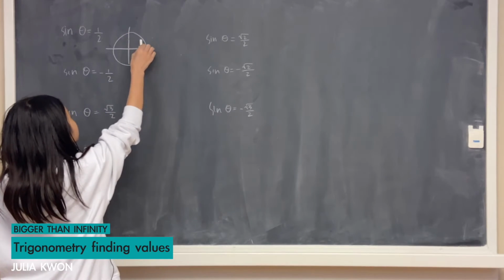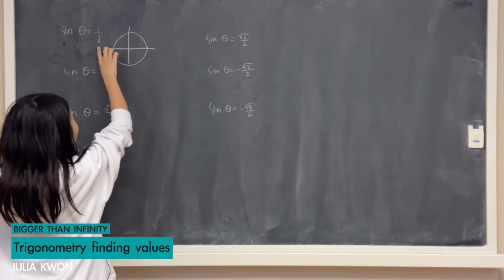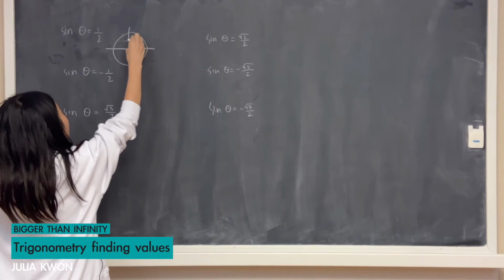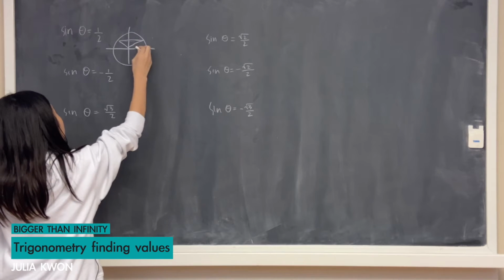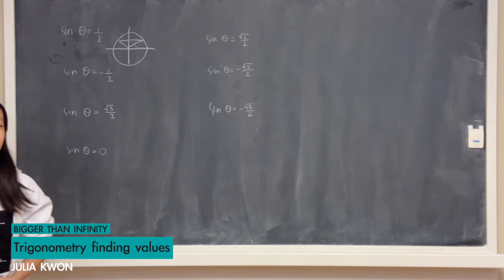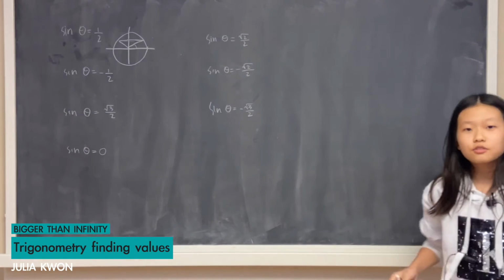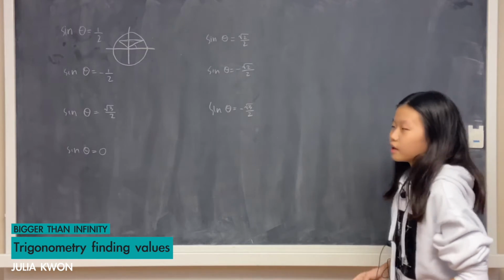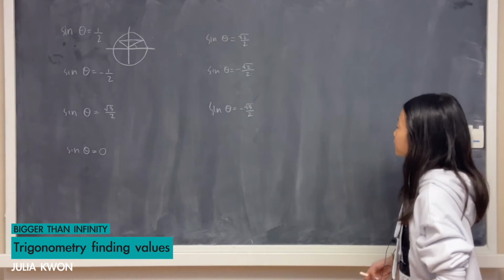So this is positive, and the point 1/2 would be in the middle. Well, actually, before I solve any of these, I would like to draw the unit circle for you guys, in case you haven't memorized the unit circle fully, so you don't get confused.